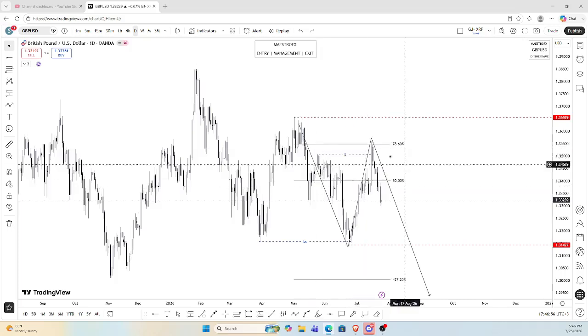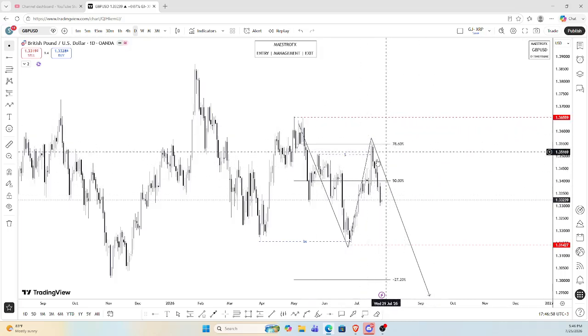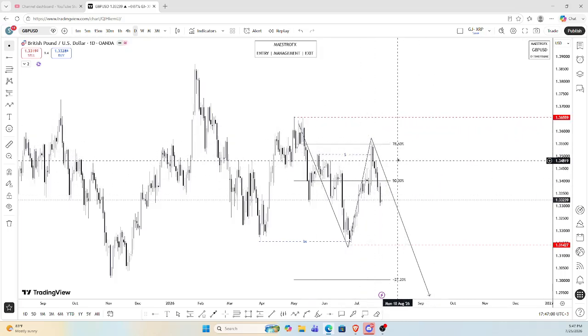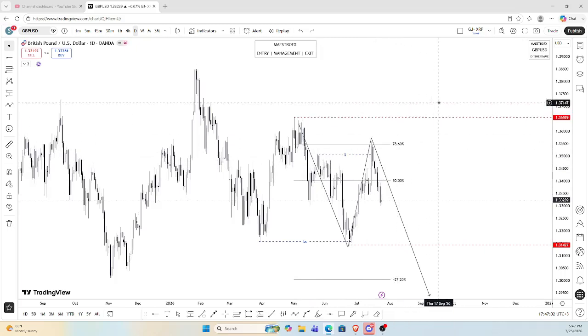I was so skeptical about this setup on GU last week, because whatever analysis you have on the dollar index, it should be inversely correlated to these other pairs, like Euro USD and GBP USD.